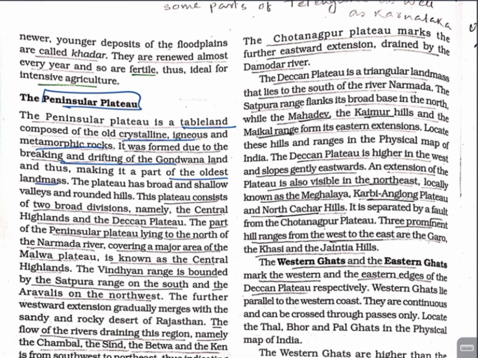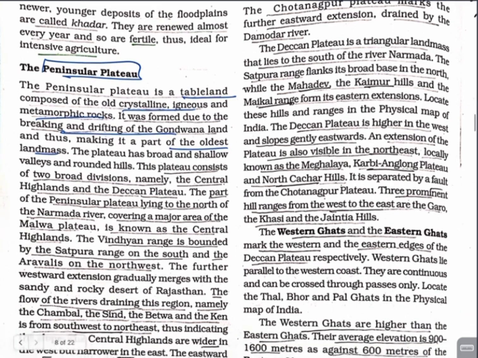When I started the chapter, I said the Himalaya is a very recent formation, but the peninsular plateau is one of the oldest lands. We'll see more about the plateau in higher classes. Now we'll go into details of the peninsular plateau.